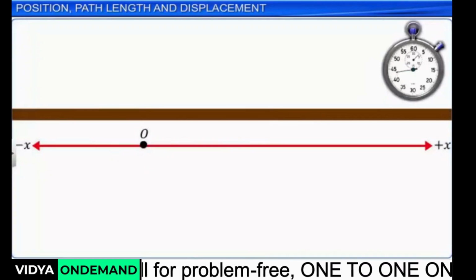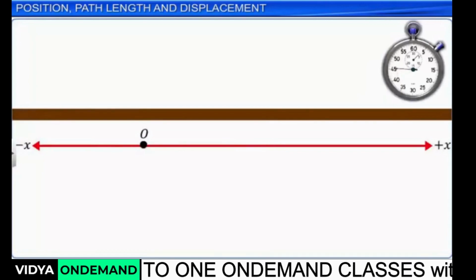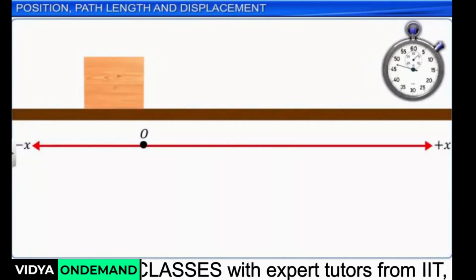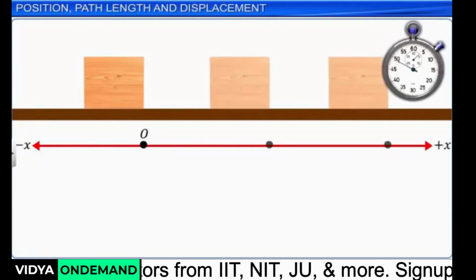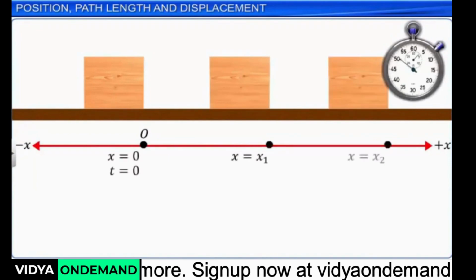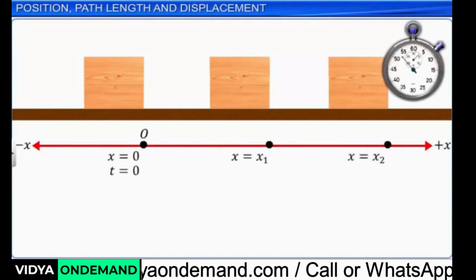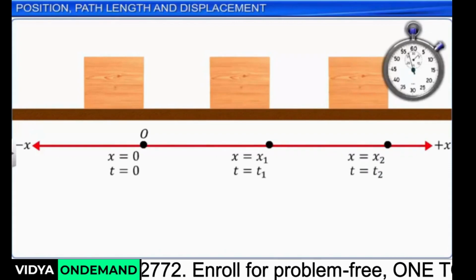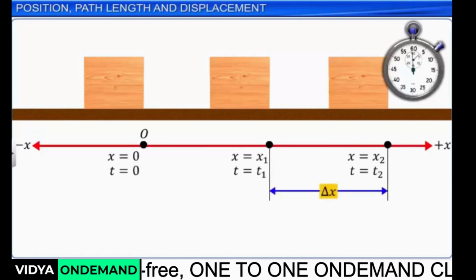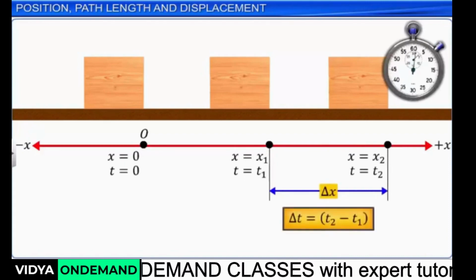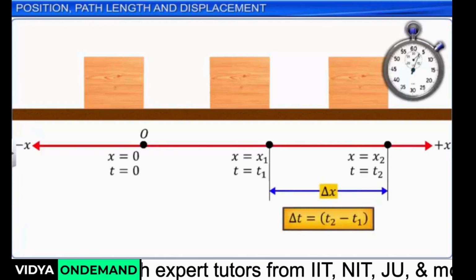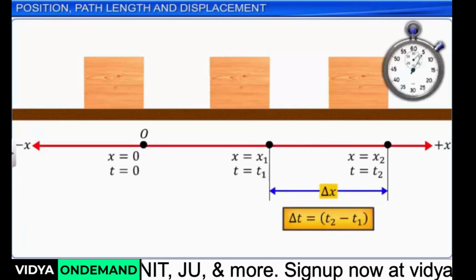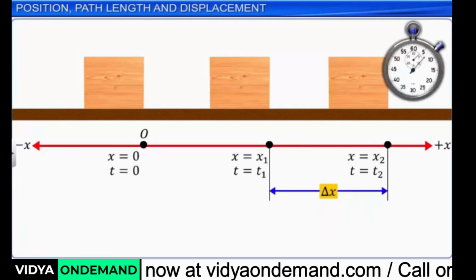Let x1 and x2 be the positions of an object at time t1 and t2. Its displacement delta x in time delta t, equal to t2 minus t1, is given by the difference between the final and initial positions. Delta x is equal to x2 minus x1.